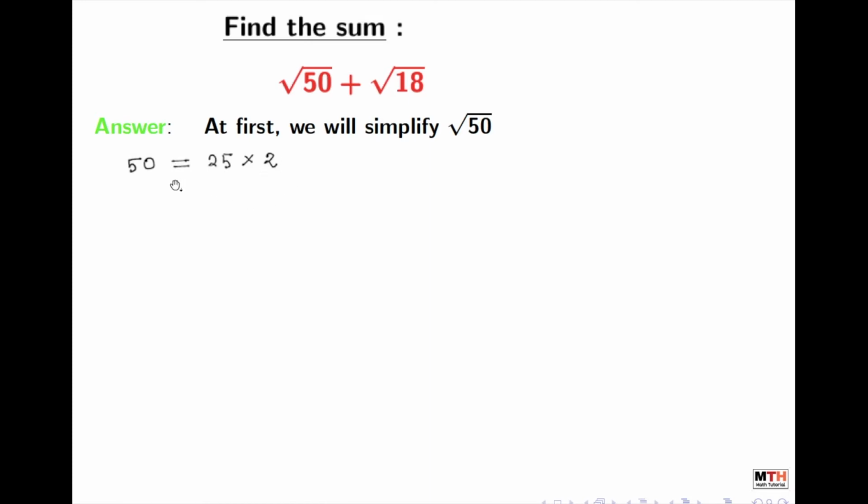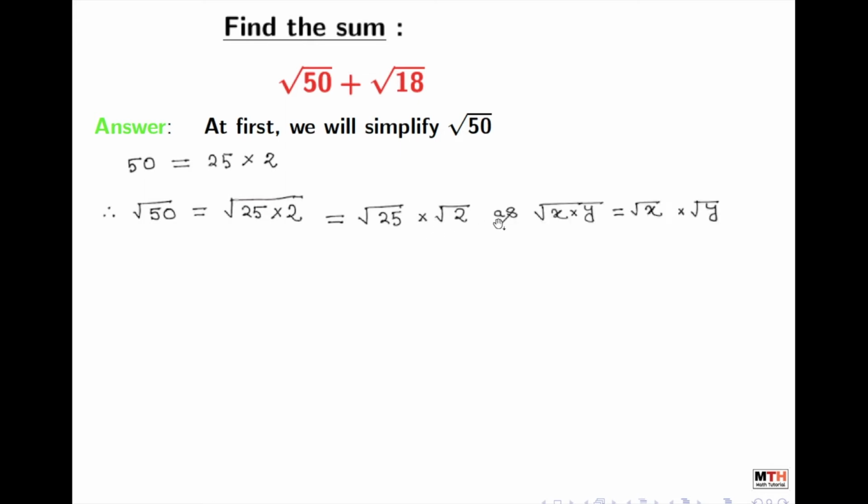Now take the square root on both sides and get square root of 50 is equal to square root of 25 times 2. That means square root of 25 times square root of 2. As we know that square root of x times y is equal to square root of x times square root of y.